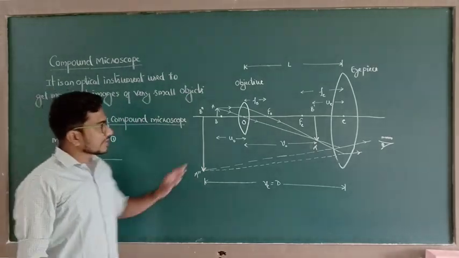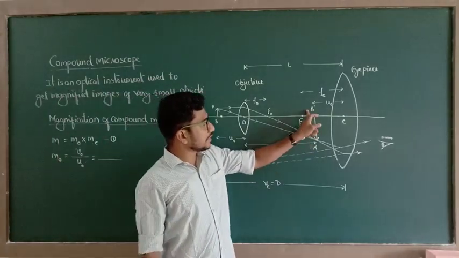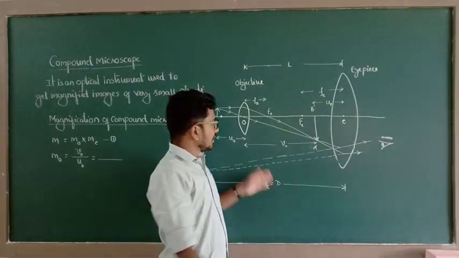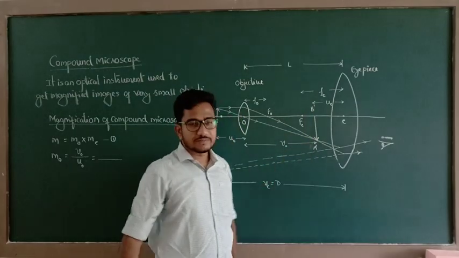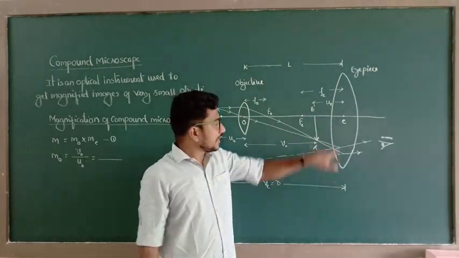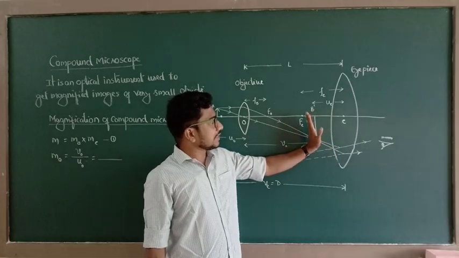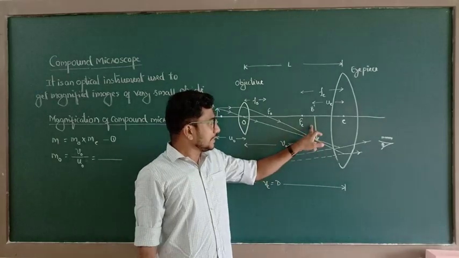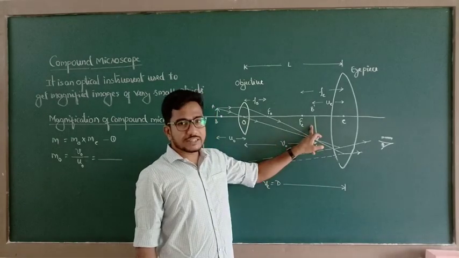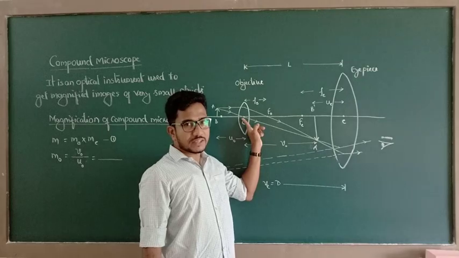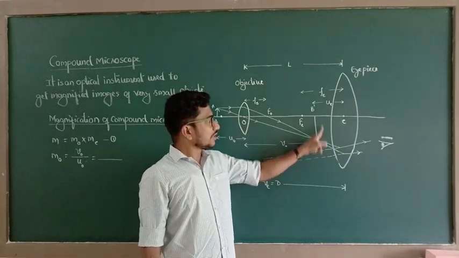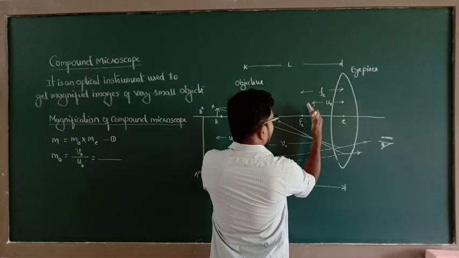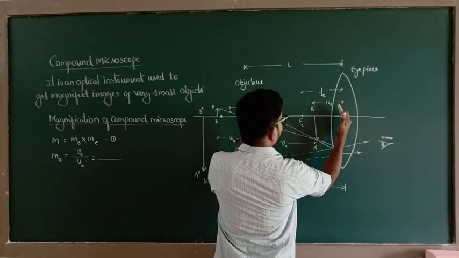Now just observe this ray diagram. A dash B dash is close to the optical center of the eyepiece. So A dash B dash is near to the optical center of the eyepiece. The image distance of the objective lens means the distance between the optical center of the objective and the position of the image. This is the image distance, and this is the length of the compound microscope.